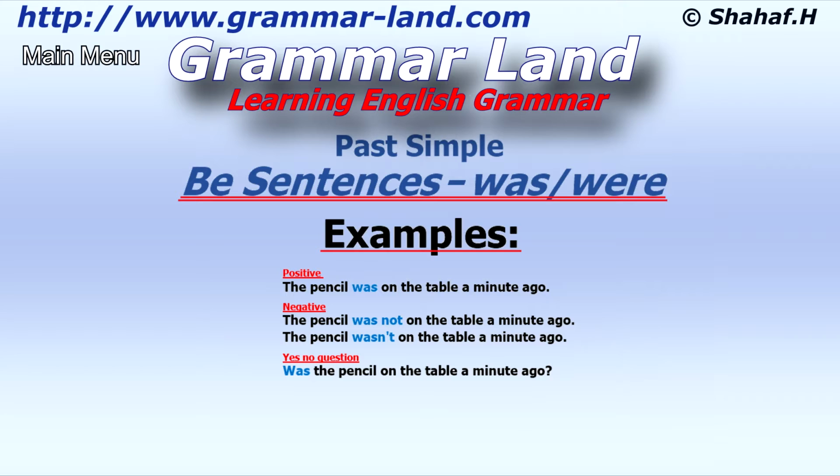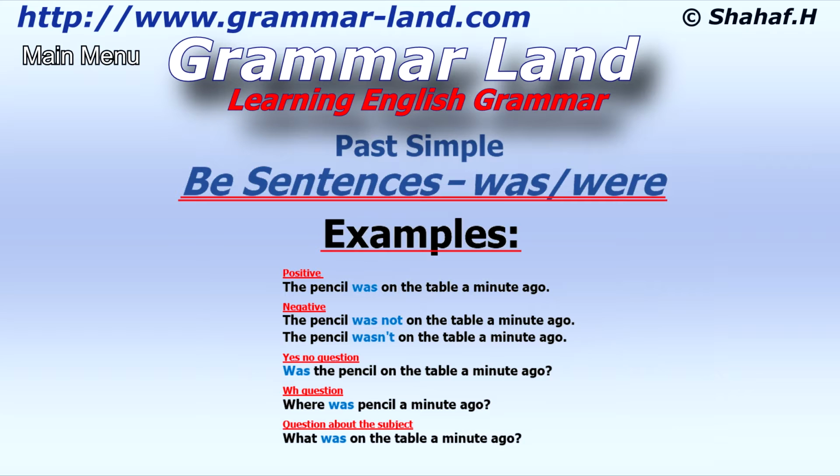Was the pencil on the table a minute ago? WH question. Where was the pencil a minute ago? Question about the subject. What was on the table a minute ago? Notice that we used the WH word what, and not who, because the subject here, the pencil, is an object. It is not human.